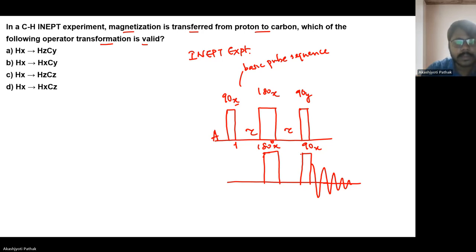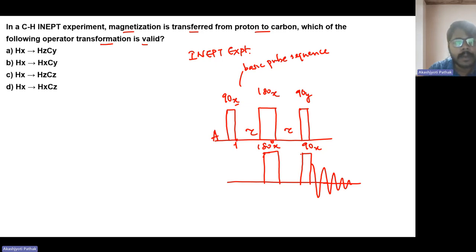That is what will happen upon application of the 90x pulse. So at the end of this pulse, my bulk magnetization will be oriented along the minus y axis.